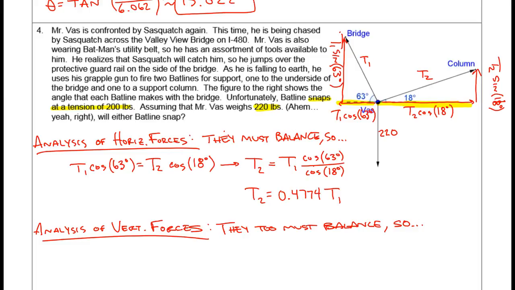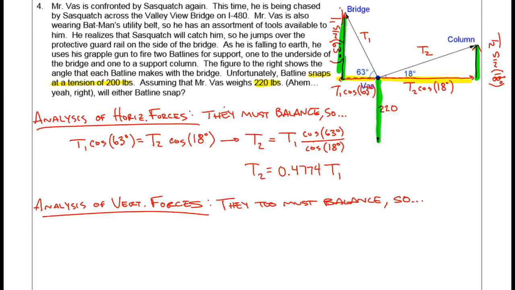The vertical components of the forces, this vertical component here, and then this vertical component here, must be the same. Those two added together must equal 220. If they're more or less than 220, then we're going to have an issue. There will be some motion involved. So the sum of this force vertical component and this one must be equal to 220.